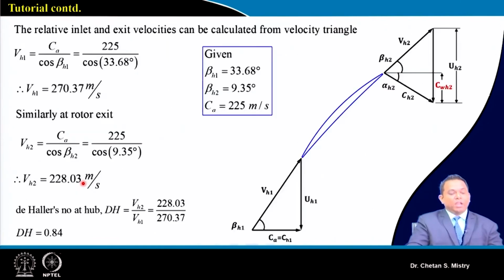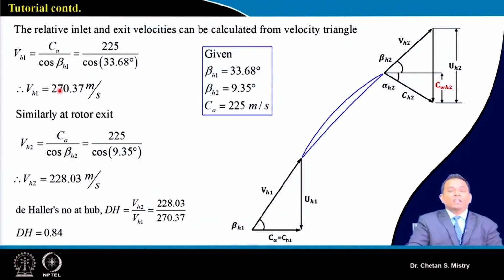Okay. Now in order to do the calculation for relative velocity components based on the velocity triangle, we can say the cos component of beta 1 is given by Ca by V1, and that gives me the relative velocity component at the hub. At the entry it is 270.32 meter per second. Similarly at the exit we can do this calculation, it says 228.03 meter per second.